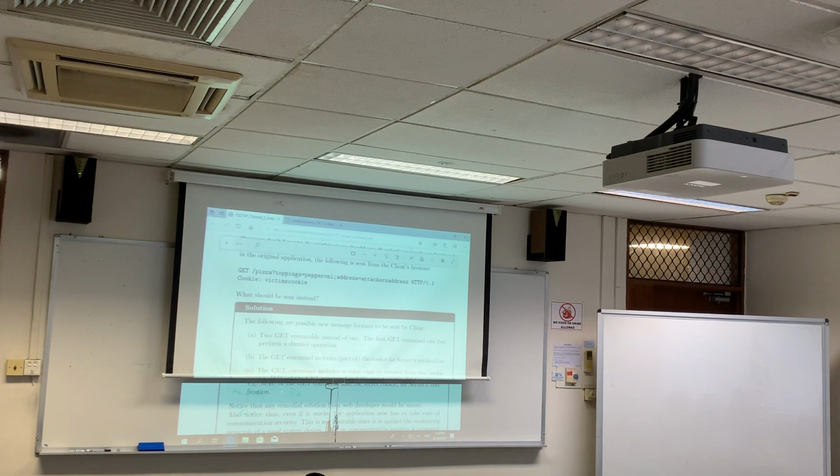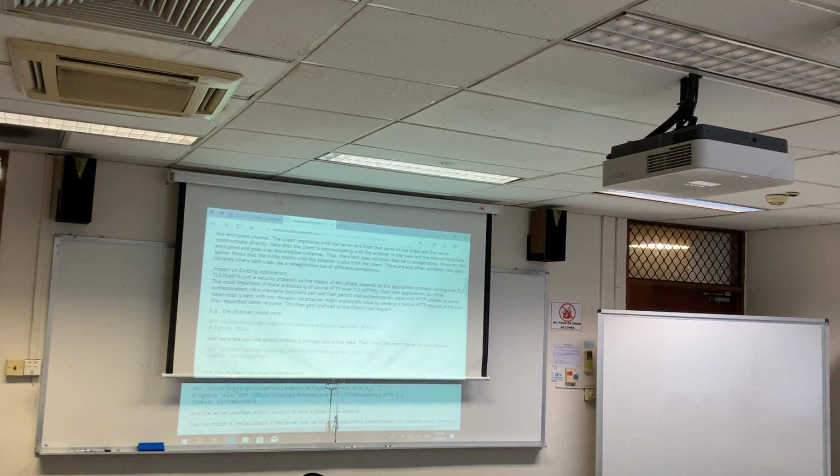We do not consider the first get one. So in this case, you can easily find that every get command will include actually two commands, right? So the first one, which is sent by the attacker, will be automatically ignored. Okay, so in this case, it does work.